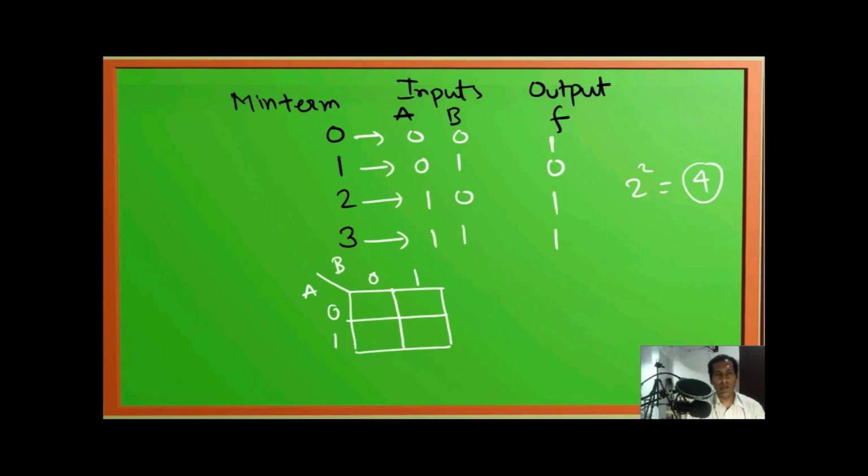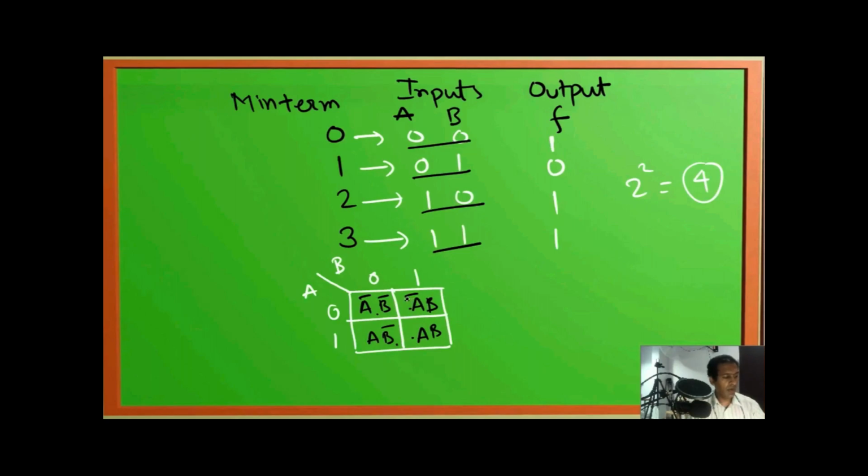Inside, first is A bar B bar, second A bar B, third A B bar, and fourth AB, which is like 0, 1, 2, 3.